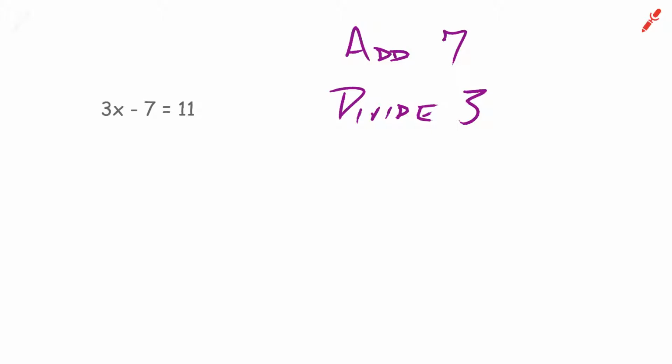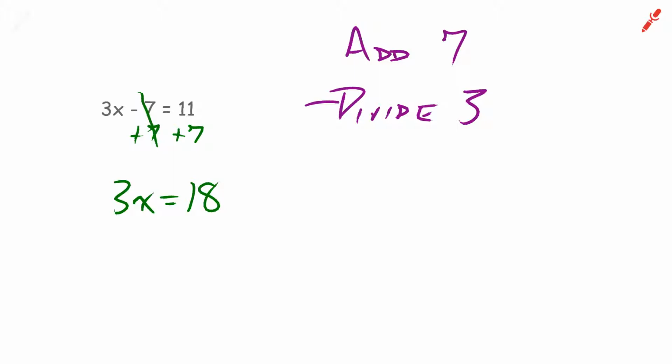A solution method. So I'm going to start by adding 7 to both sides, and as all of the groups discovered last week, the reason we add 7 to both sides, not just one, is to make sure my equation stays balanced. So I end up with 3x equals 18 here.